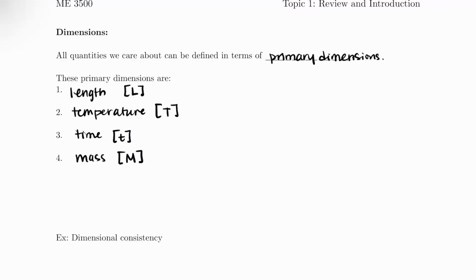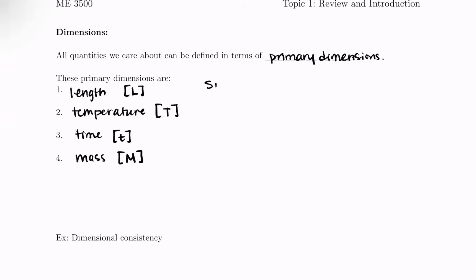Each of these is not actually a unit; they just represent a dimension. If I show you a bracket L, I just mean it's a length. You can use inches, meters, hectares, or whatever you want. It doesn't matter.